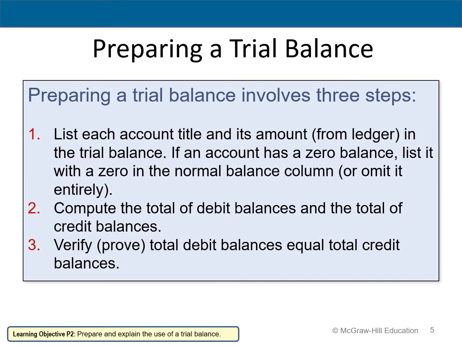All right. Let's talk briefly about the trial balance. So when we prepare a trial balance, it's going to look like a financial statement. It's going to look like a balance sheet, perhaps, but it's not.